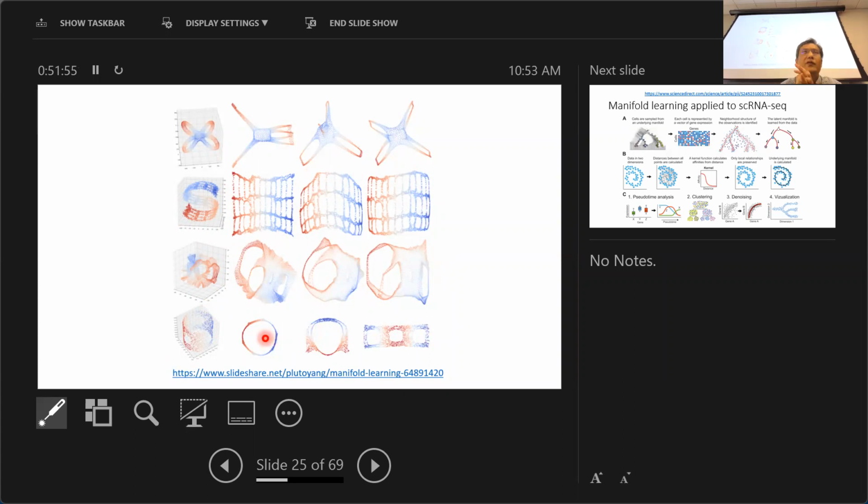This is important. Consider single cell data, okay? You have different cell types, but when they are all, for example, in the G2 phase or in the S phase, they probably look similar from a certain angle. So if you don't consider this nonlinear relationship, you probably will cluster two cell types into one cluster.